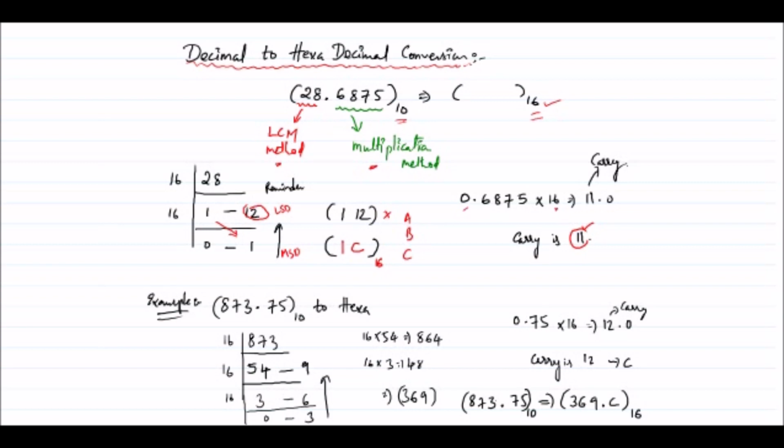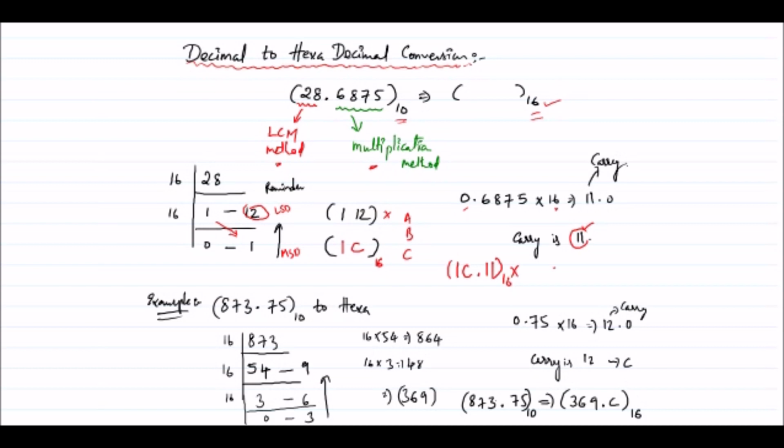And if you multiply 0.6875 into 16, we have 11.0, where 11 is the carry. This carry also should not be written directly. If I write 1C.11, the answer is like this, which is wrong.